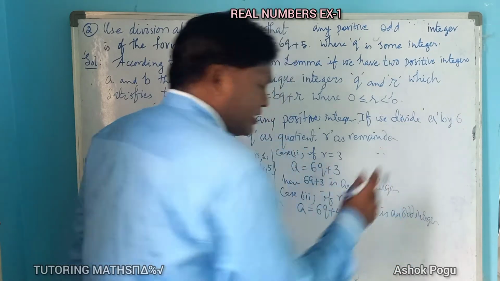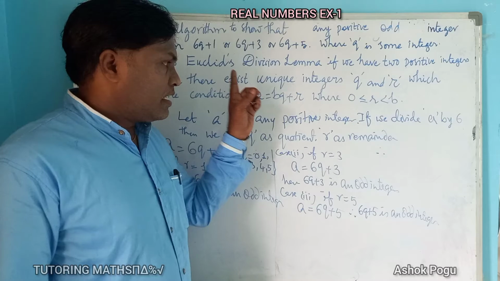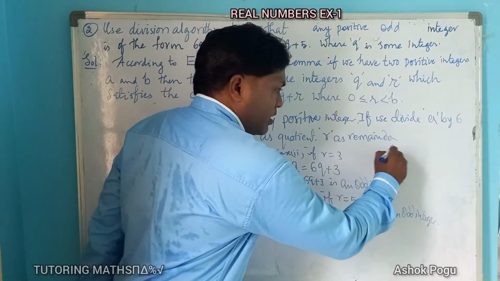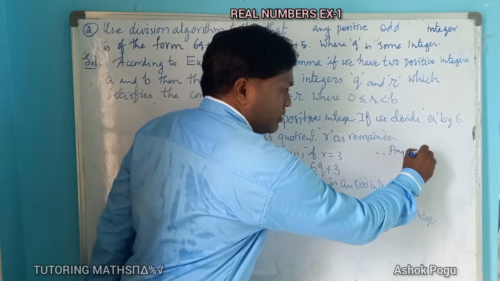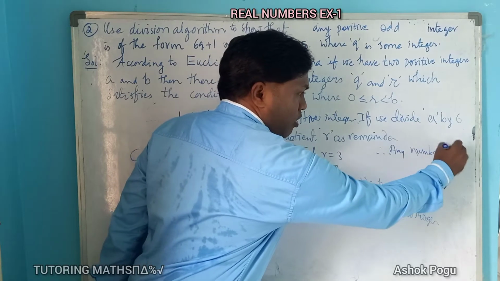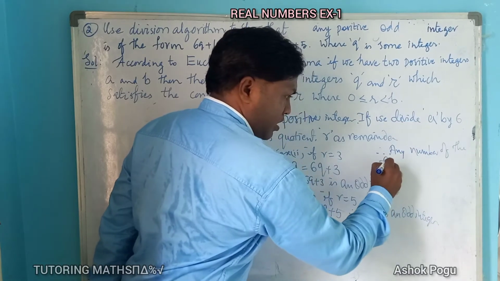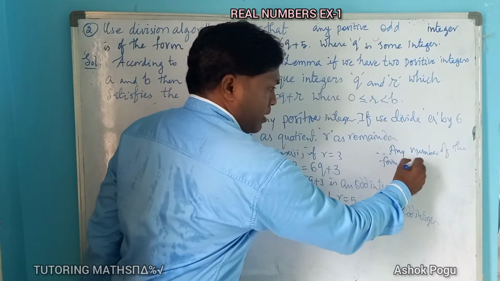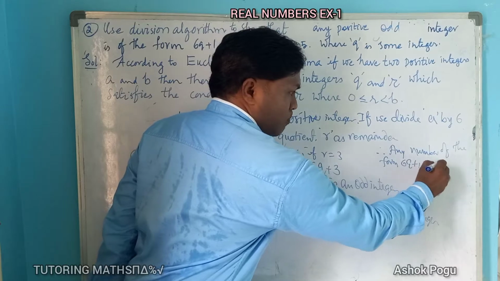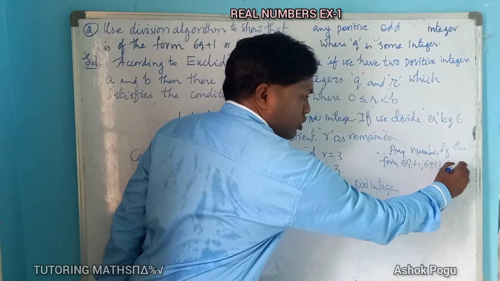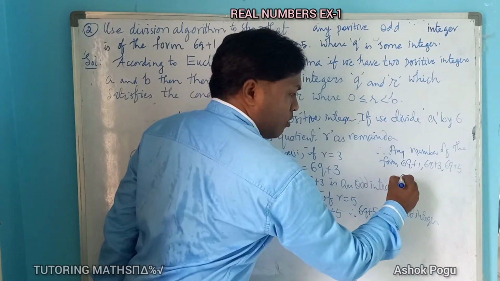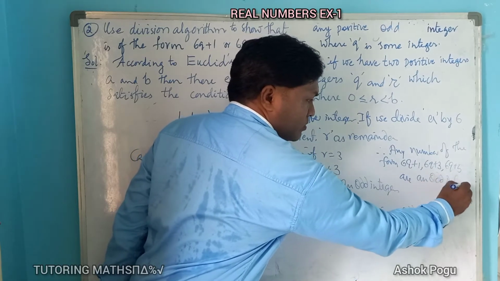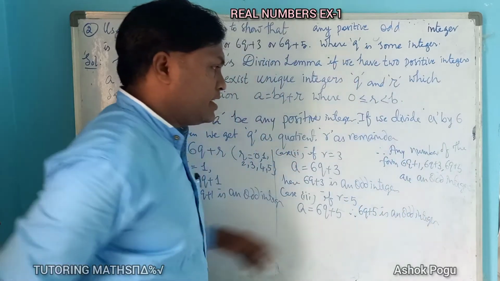Therefore, you can write any number of the form 6 cube plus 1, 6 cube plus 3, and 6 cube plus 5 is an odd integer.